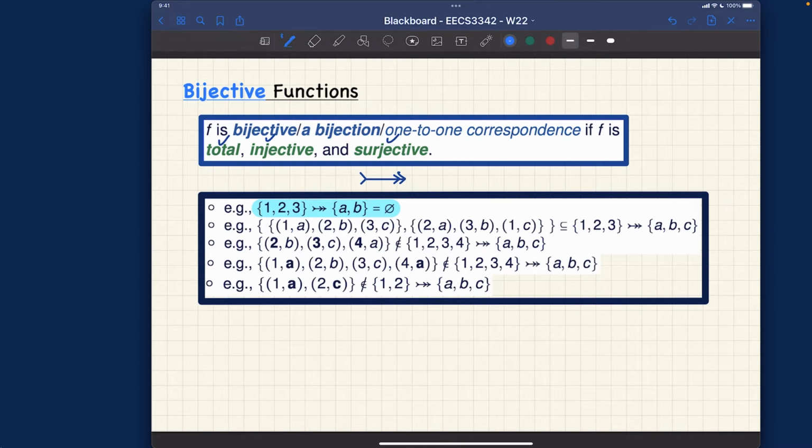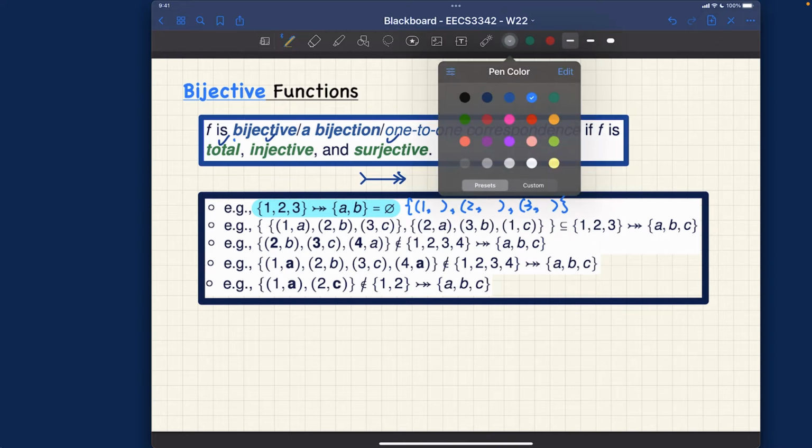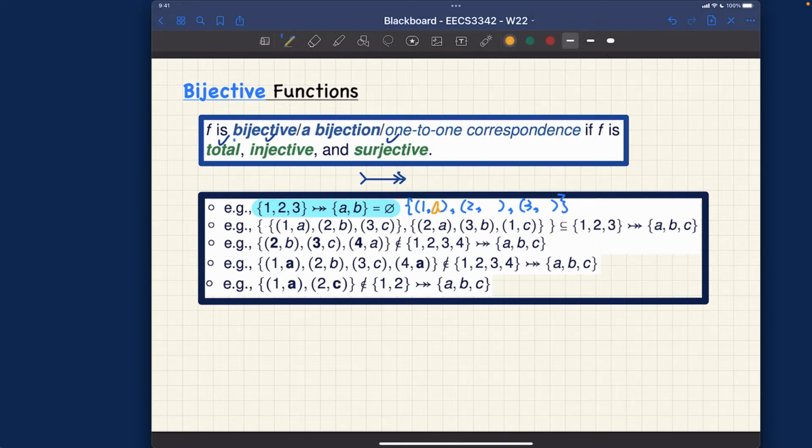Let's take a look. Of course, it's going to be total, so we're going to include 1, 2, and 3 in the function. So 1 here, and also 2 here, and also 3 here. It's already total. Can we make it injective? Unfortunately, we cannot. Similar to what we said before, if you put, for example, A and B here, so far it is okay.